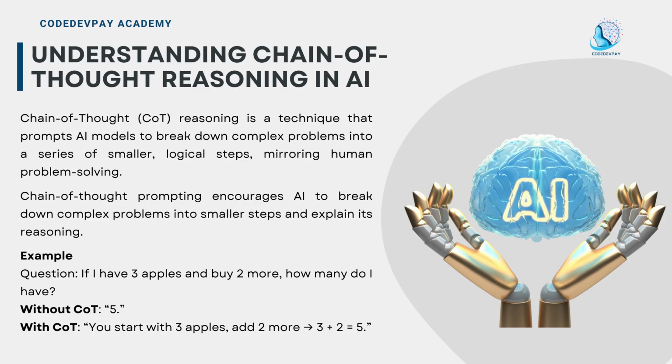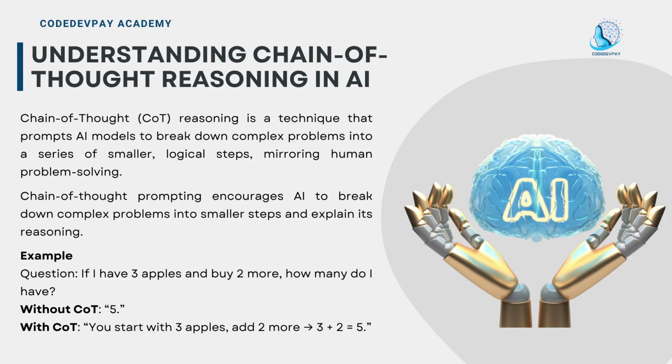Without COT, the AI will say five. And with COT, you start with three apples, you add two more. It will give you the step by step solution, which means the total is five.